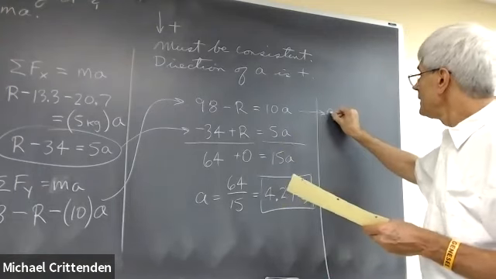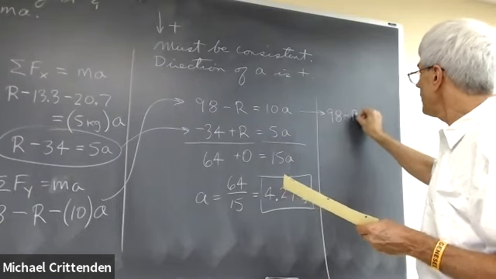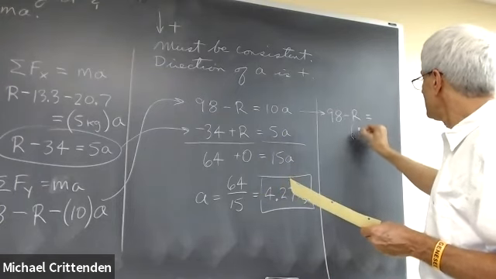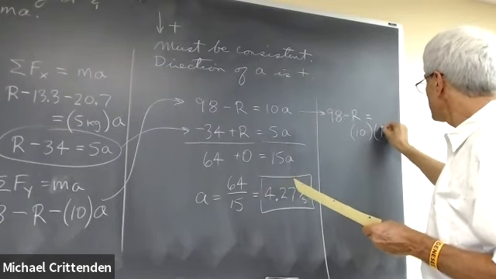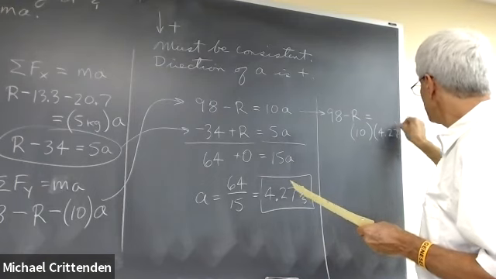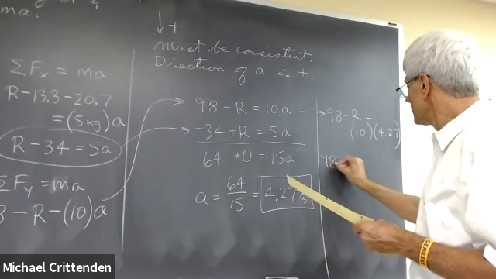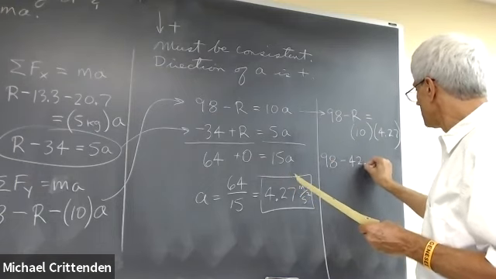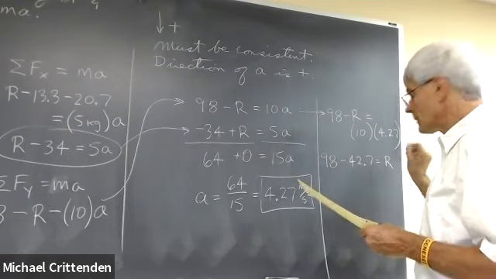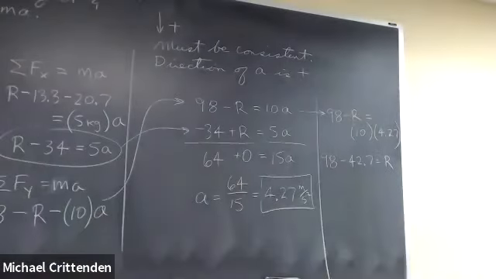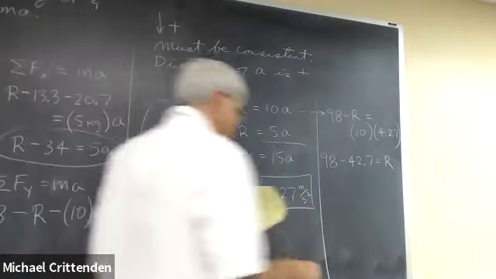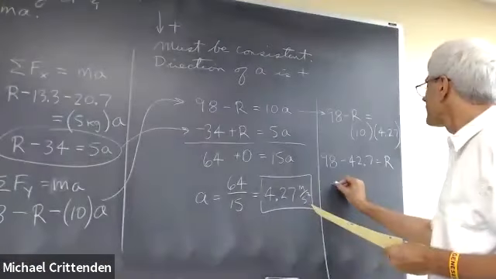So we've got 98 minus R equals 10 times 4.27. Oh, yeah, that's showing up all right. That's the 55.3.